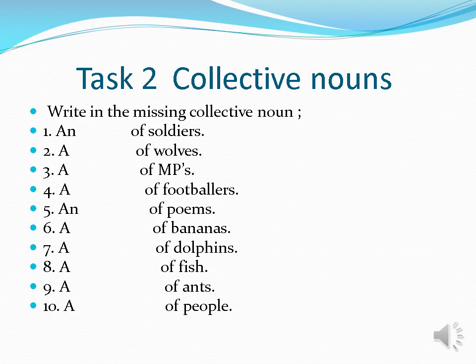Number five, an something of poems. Number six, a something of bananas. Number seven, a something of dolphins. And number eight, a something of fish. And number nine, a something of ants. And number 10, a something of people.